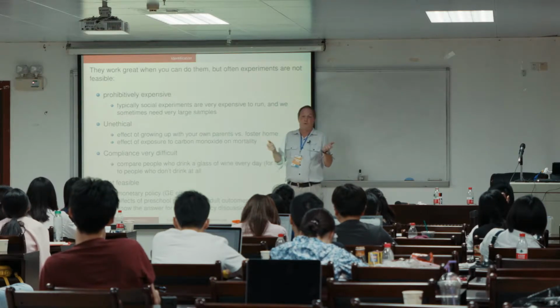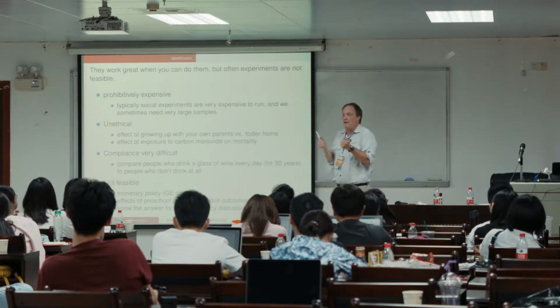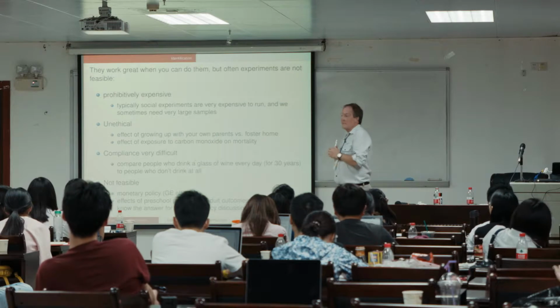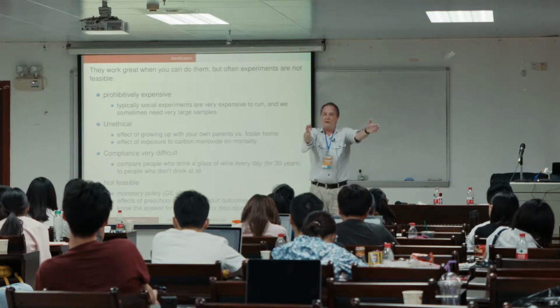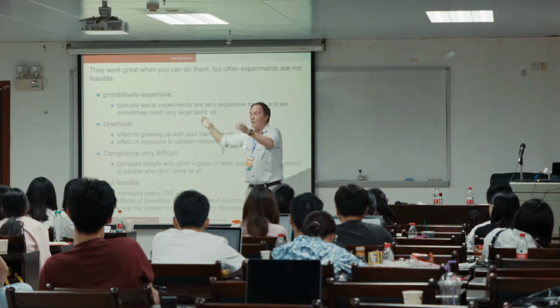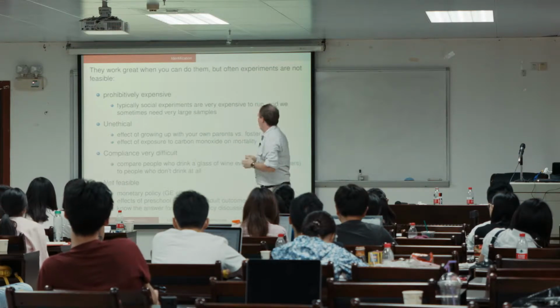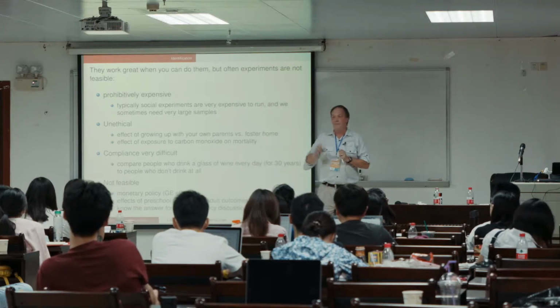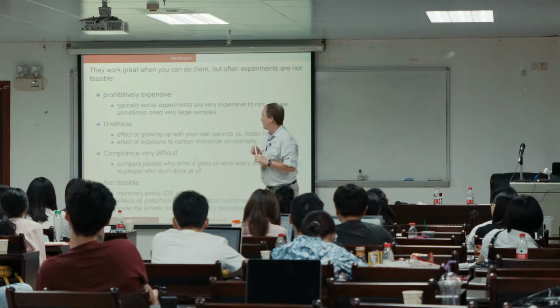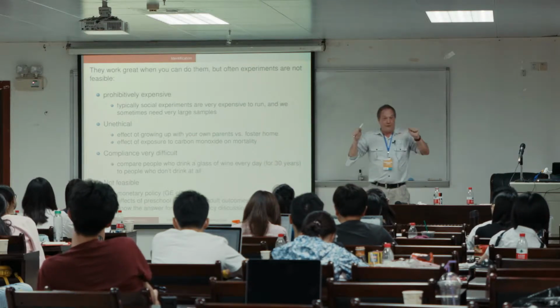Another example: suppose we want to measure the effect of carbon monoxide on mortality. What would I do? Everybody here gets fresh air, and everybody on this side of the room is going to get exposed to carbon monoxide. That's probably not something that I want to do. A lot of problems are going to fit like this.